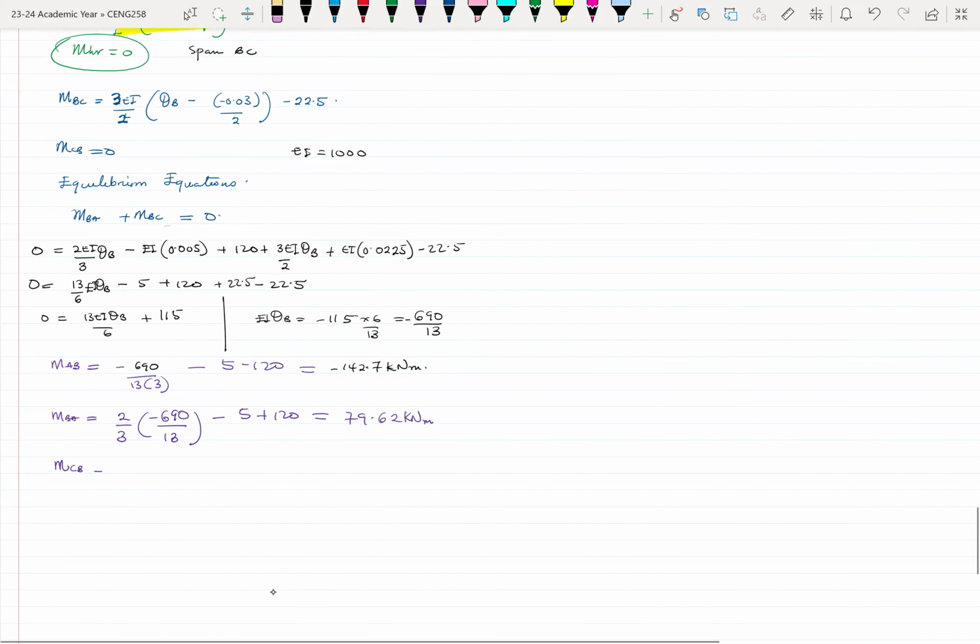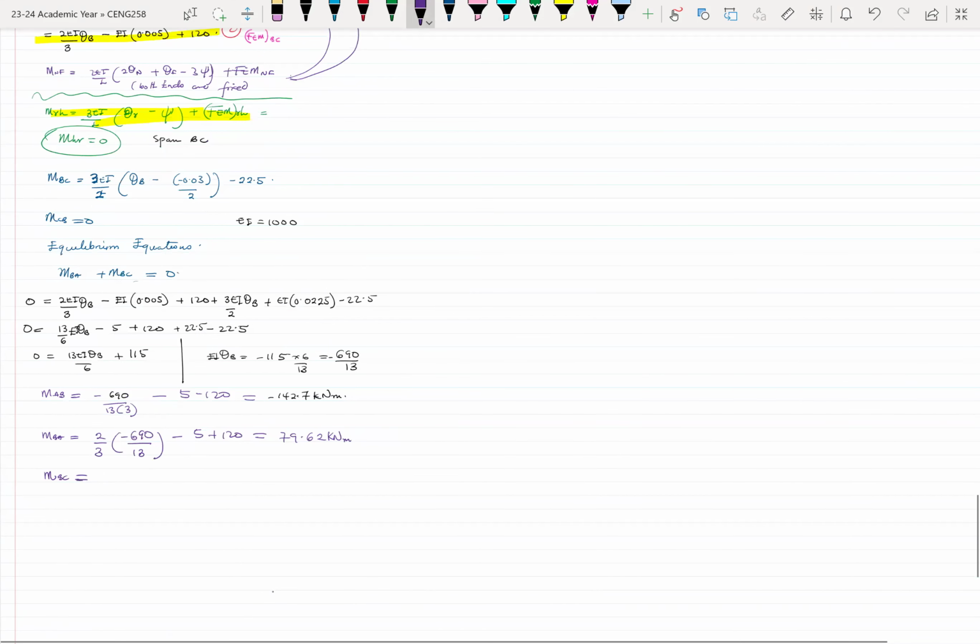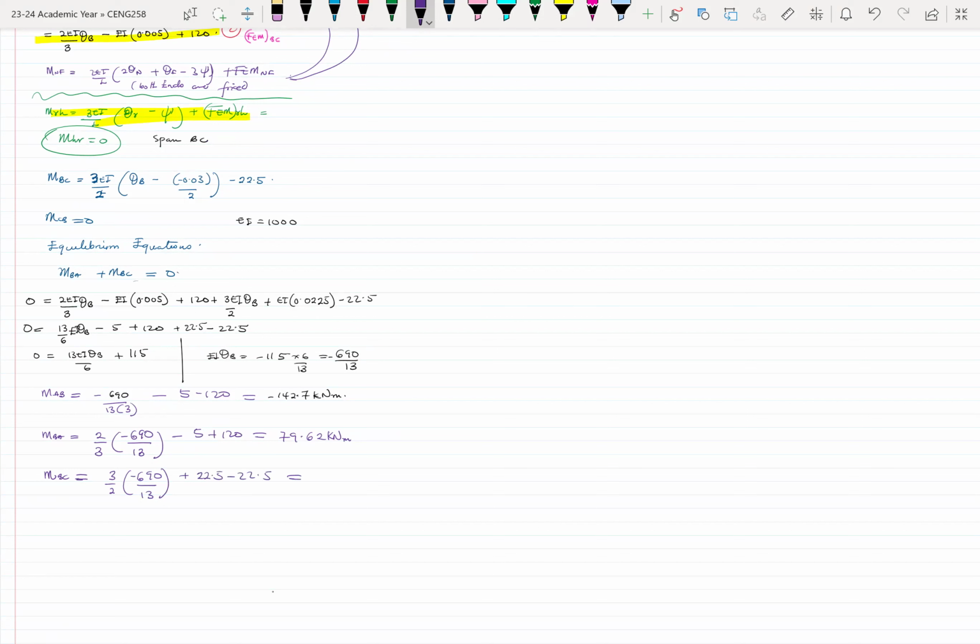MBC will be equal to, our MBC was 3EI, so it becomes 3 over 2 minus 690 over 13 plus 22.5 minus 22.5, and this should give us minus 79.62 kilonewton meter. And then obviously our MCB was 0 from the onset.